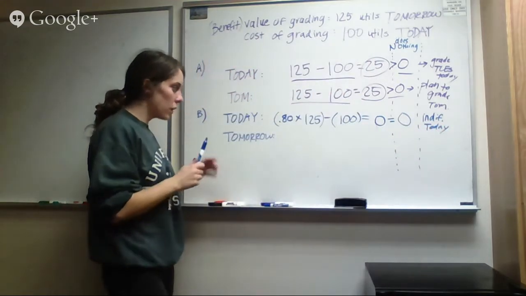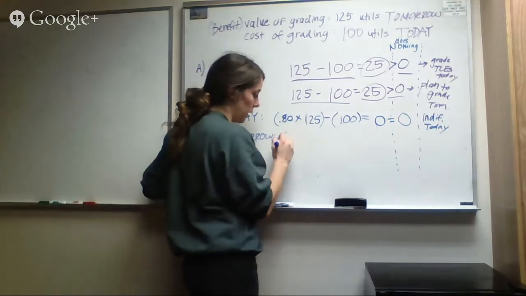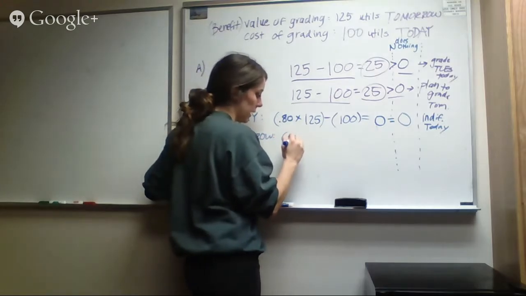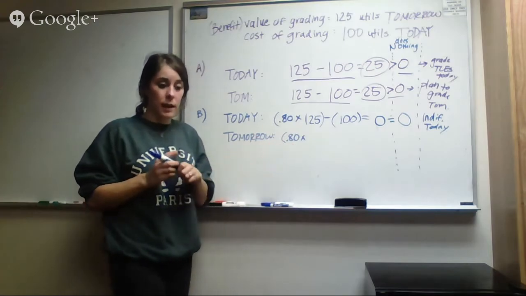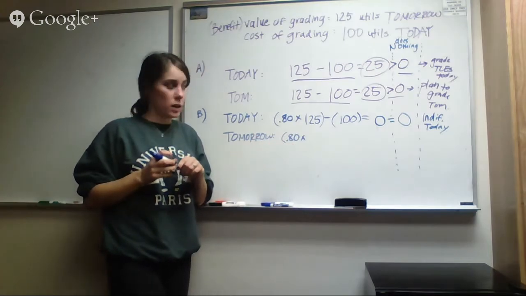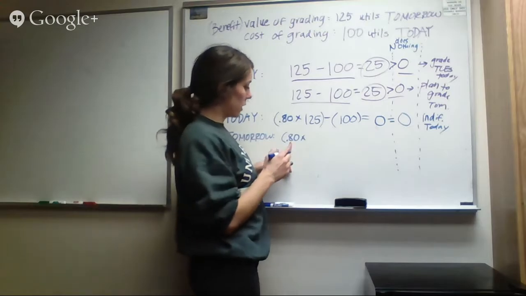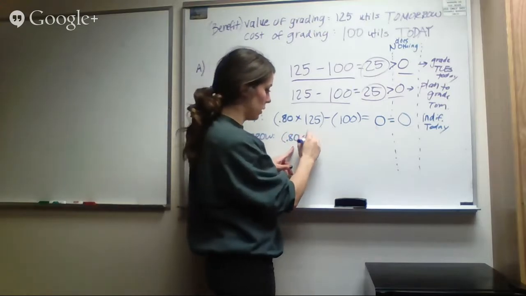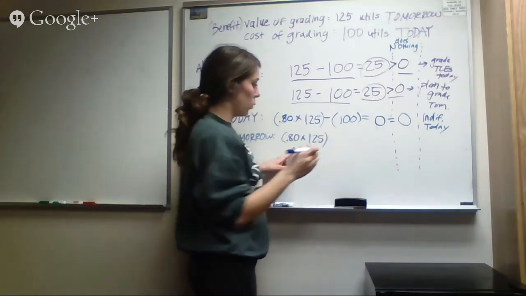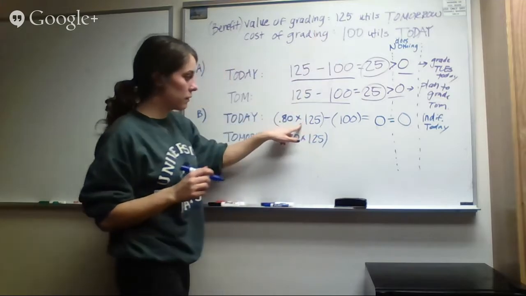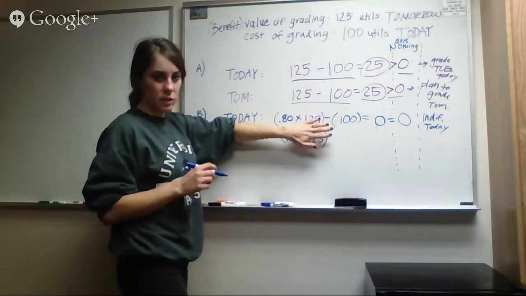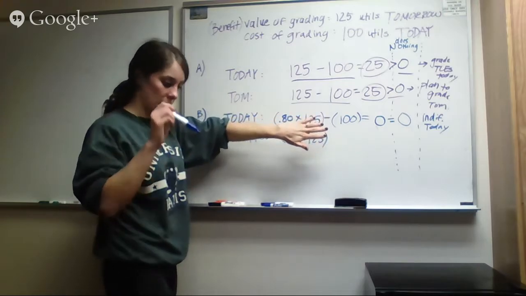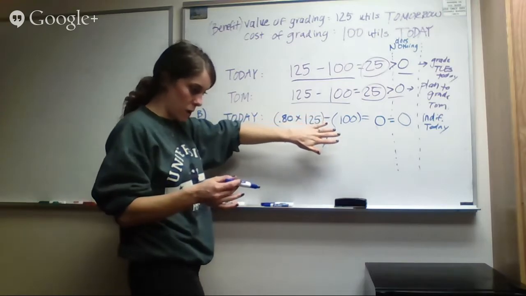When he looks at tomorrow, he thinks, okay, so I'm still only going to get 80% of whatever benefit or cost that I seem to be incurring in the future. So we're going to do 80% times the 125, which would have already been happening in the future, no matter when he's looking at it, because he's always looking at it as I have to put the time in today to get the benefit tomorrow.